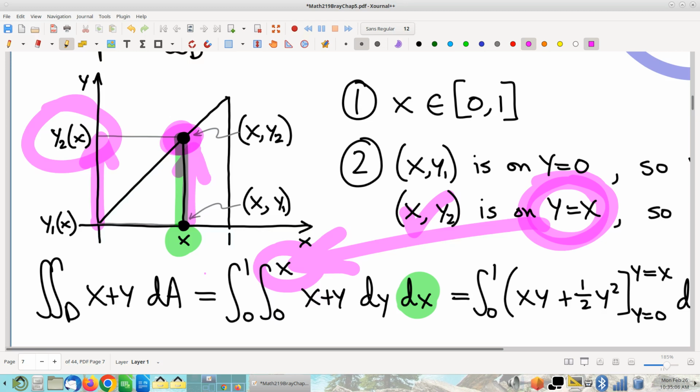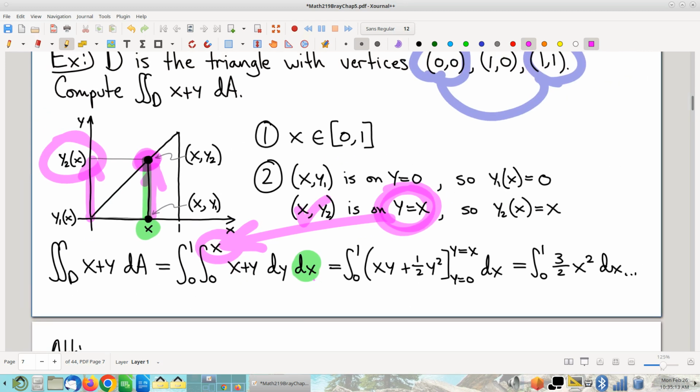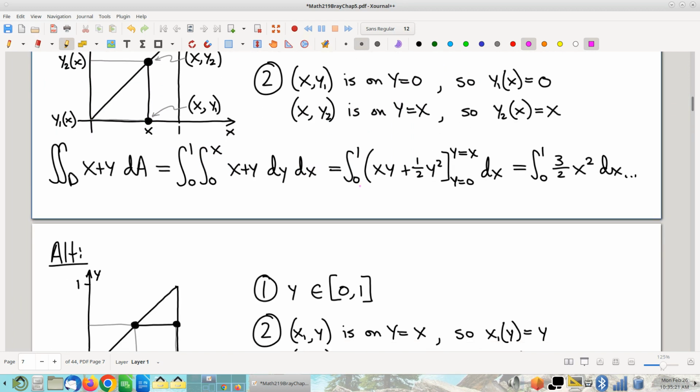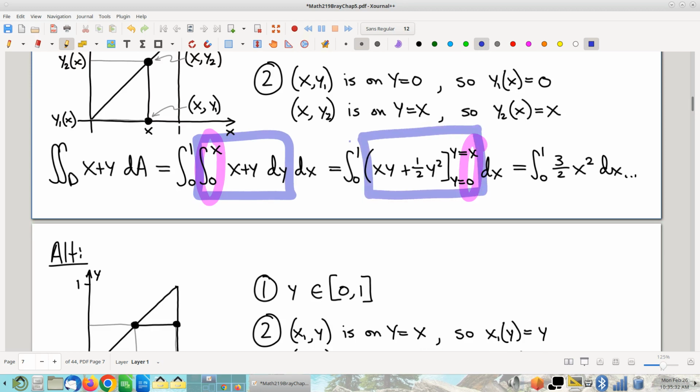Everybody happy? All right, and then everything from there is plug and chug. Feels a little different. Let me erase so I can come back to here. Feels a little bit different because when you plug in these bounds into the, as you evaluate that integral, you're plugging in the 0 and the x into the antiderivative.